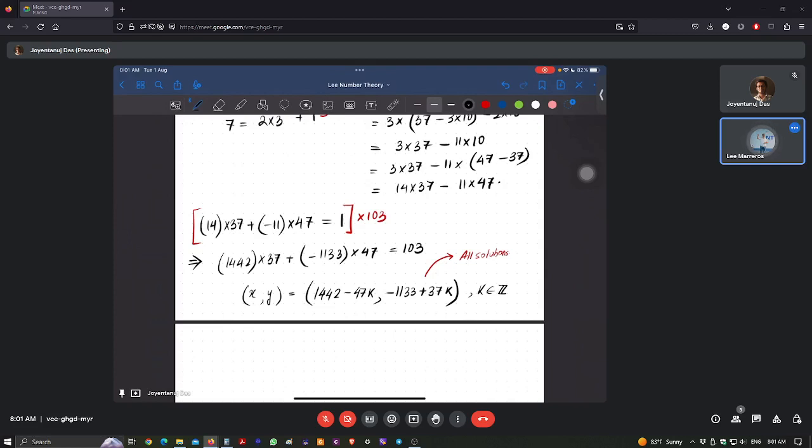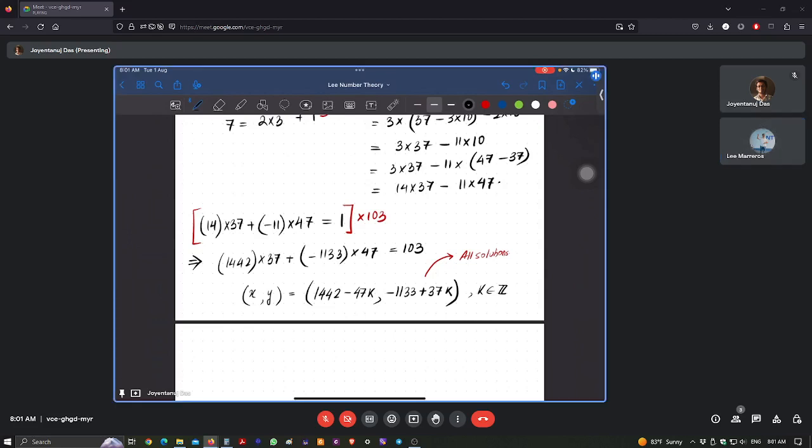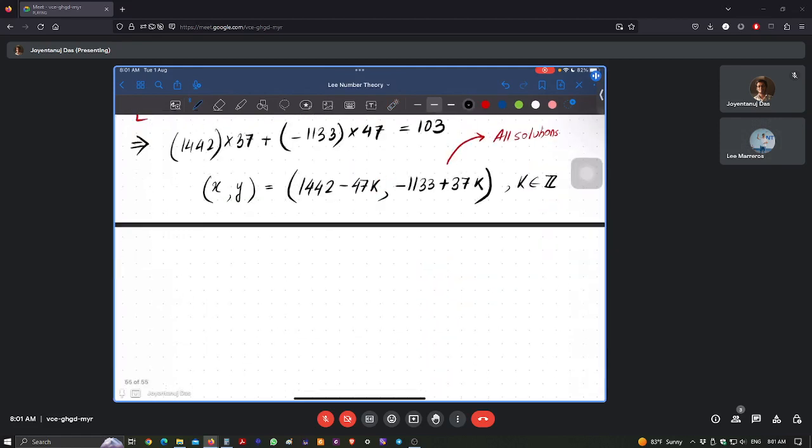Sorry, what do you mean? The thing is, if I want to make the difference small, then we take the nearest multiple of 47 that is nearest to this one but less than that, right? That's why we can just divide and check. 1442 divided by 47, how much is that?